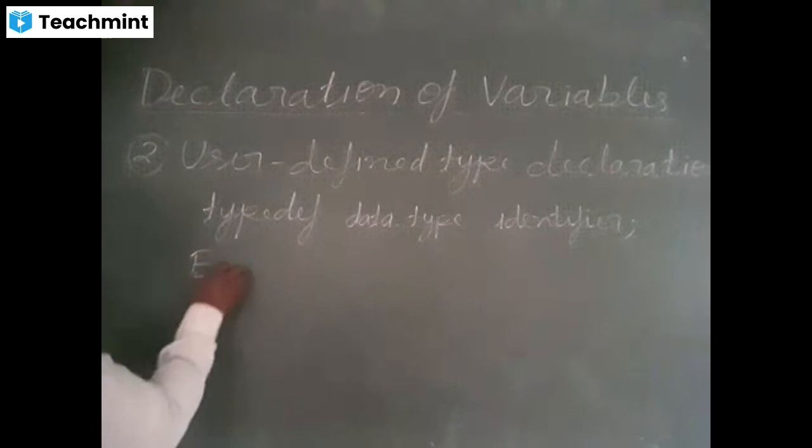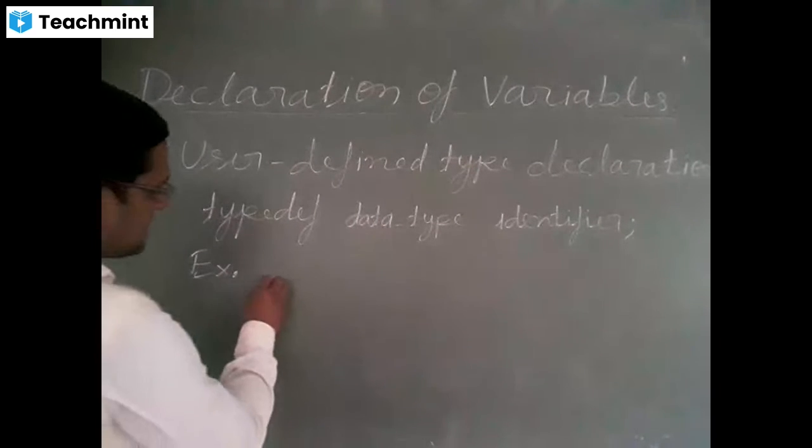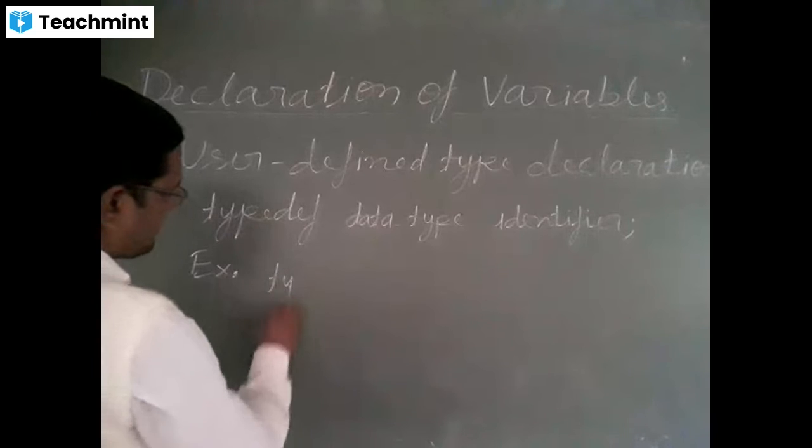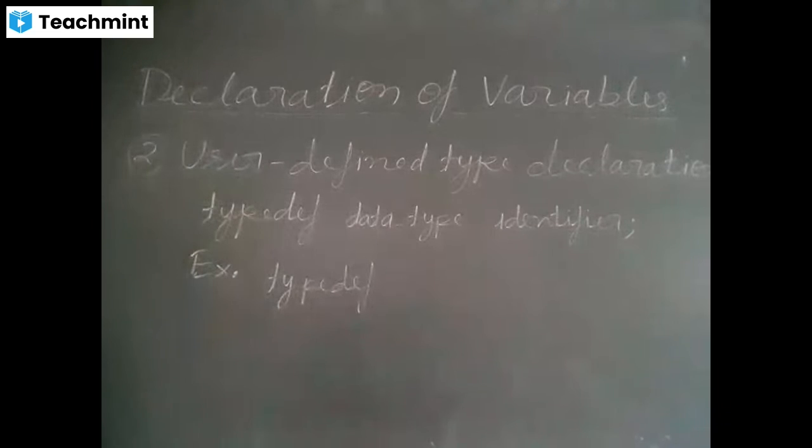For example, if a user needs to declare marks with their own type, first they write typedef, and after that, marks may be float.